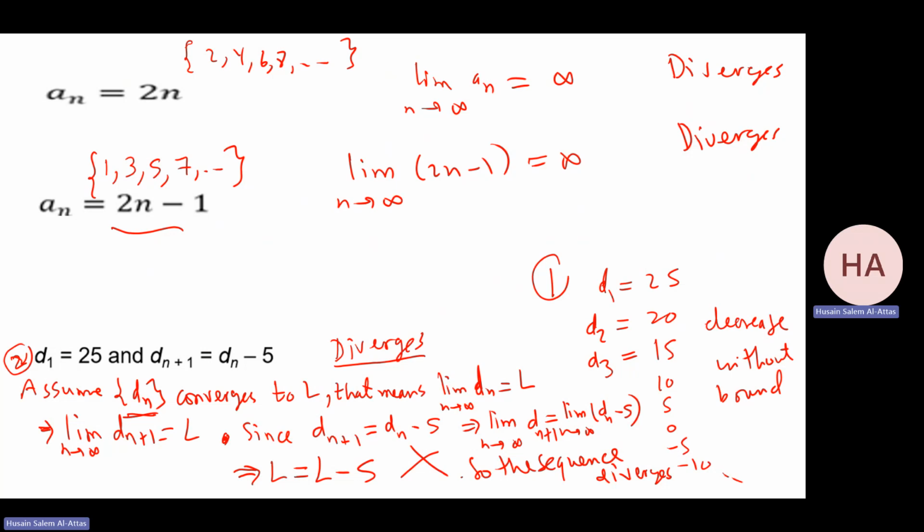Another way to do it. This sequence n over square root of 10 plus n. I need to find the limit of an as n goes to infinity, that is the limit as n goes to infinity of n over square root of 10 plus n.